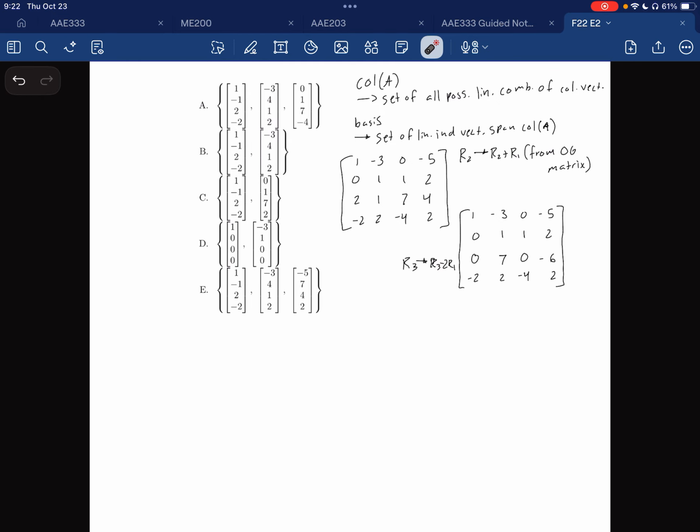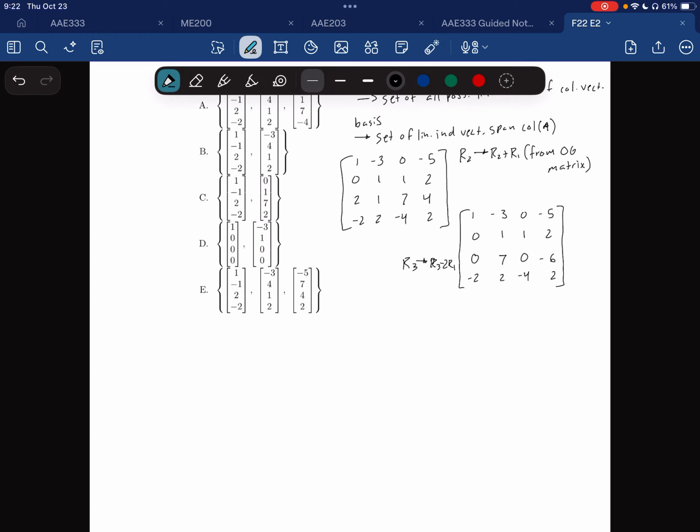And if I do R4 plus 2 R1, that becomes a 0. Again, all our rows except for R4 will stay the same. This becomes a 0, right? That's what we're looking for. 2 minus 6 is -4.